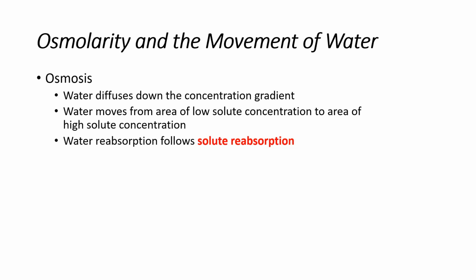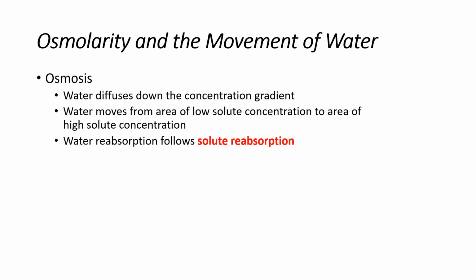Okay, so this calls on us to revise our definition of osmosis. So osmosis, we said, is water diffusing down its concentration gradient. In other words, that is passive movement. Water has to move from an area of low solute concentration, high water concentration, to an area of high solute concentration, low water concentration, okay?